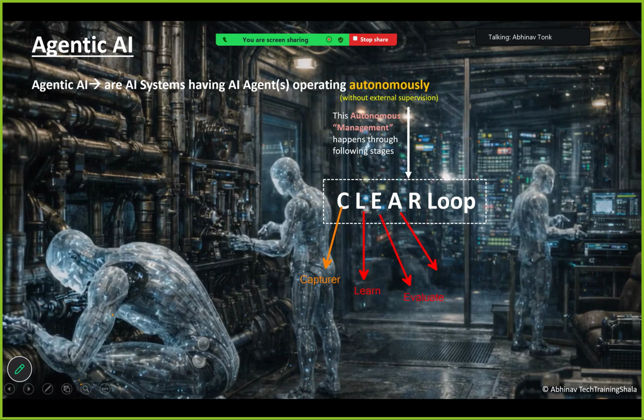A stands for act. R stands for refine. And loop means looping these stages until the desired output is achieved. Okay. So this is about the CLEAR loop.